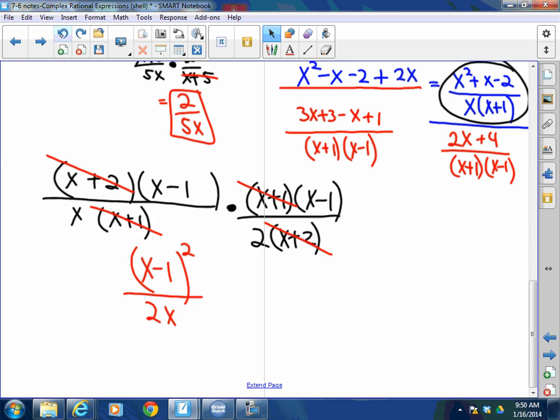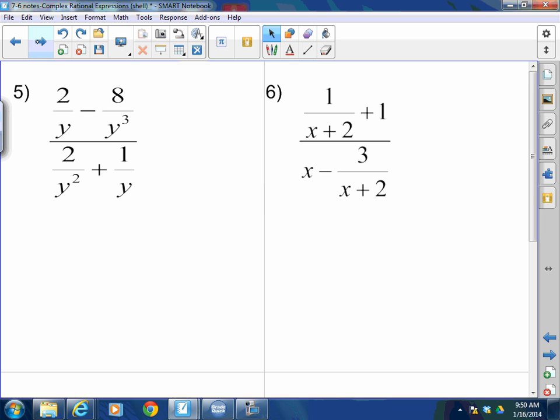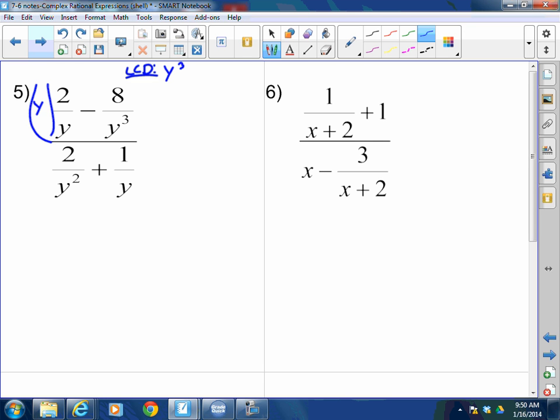May I continue? Thank you. Okay, now, easy. What's the LCD of the numerator? I'm assuming method one again. Yeah. Okay, LCD, y cubed, good. What do I multiply here? And here? Nothing over here, it's just a 1, it's the same.